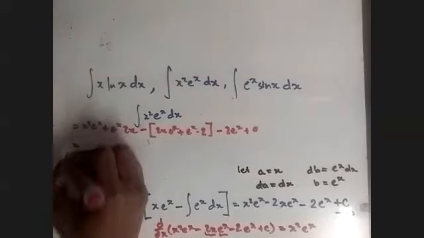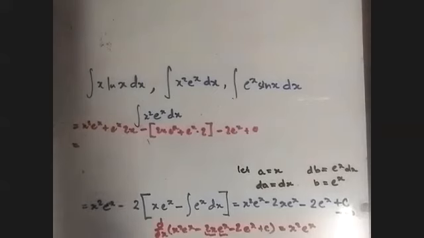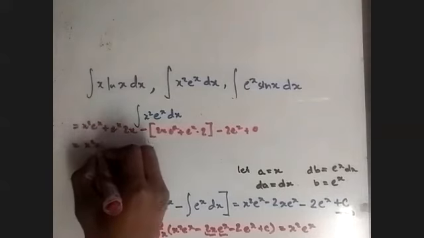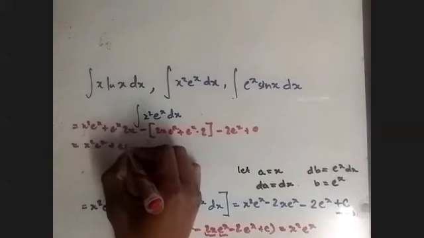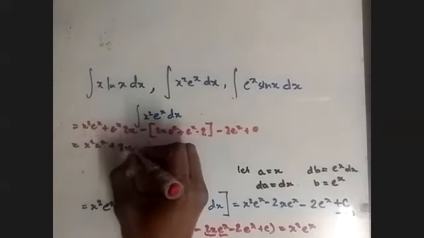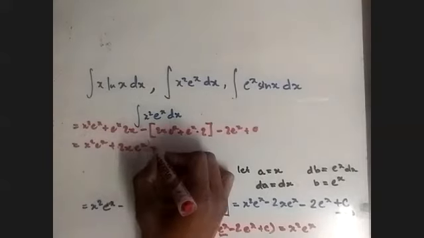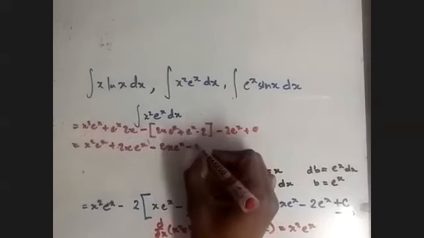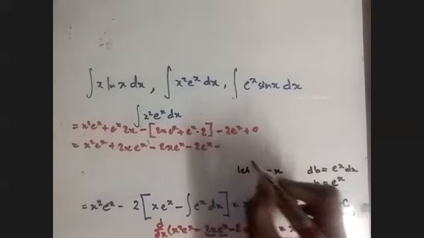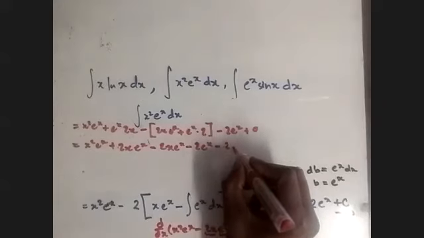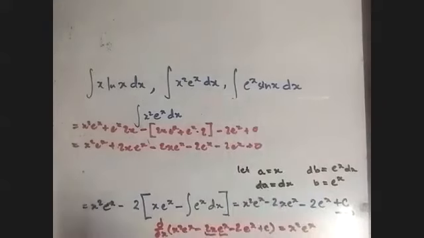So therefore, what we are going to have is something of this nature. We're going to have x squared e to the x plus, okay, let me write it in the form of 2x e to the x, and then you're going to have minus 2x e to the x, and you're going to have minus 2 e to the x minus, I believe it's minus, yeah, minus 2 e to the x plus c.